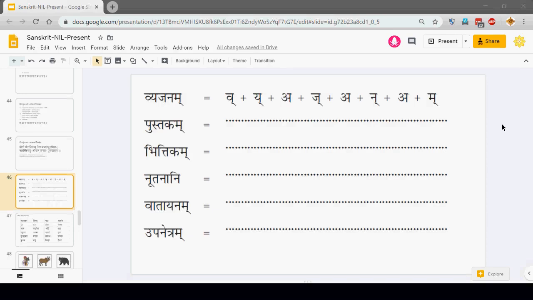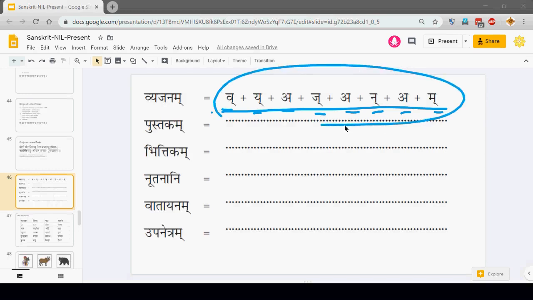Pustakam. So here the line which is shown just indicates what sounds are there in that word. Each individual sound is represented by a separate Devanagari letter. So Vyajanam: the V part, Ya part, A part, Ja part, A, Na, A, Ma. Together it sounds like Vyajanam.